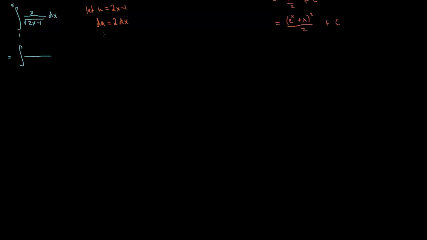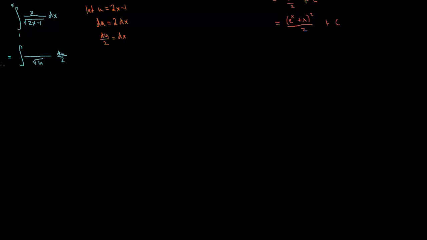We could say that du over 2 equals dx. Okay, that's fine. So let's make a couple of substitutions and see what we have so far. The square root of 2x minus 1 can be replaced with the square root of u, so the denominator looks a little better. And dx, we could say, is du over 2.